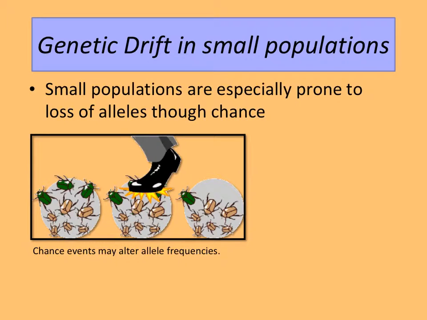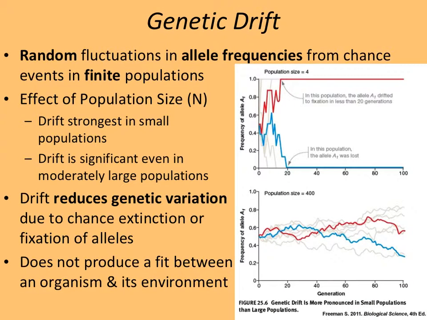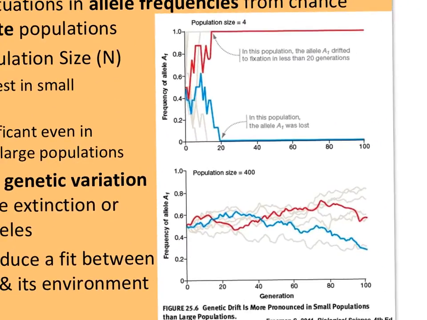This is some random guy stepping on some bugs and killing them. That's a random sort of thing. But most of the genetic drift comes from this, getting half your DNA from your mother or your father. So this gives you an example of drift.